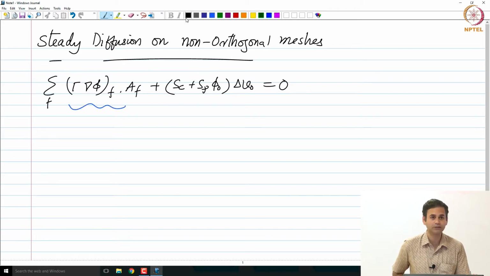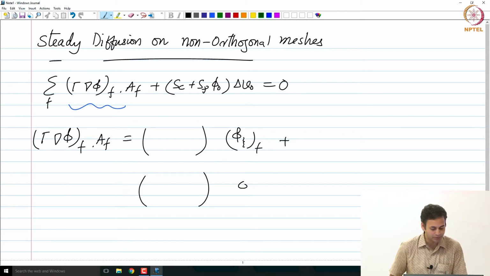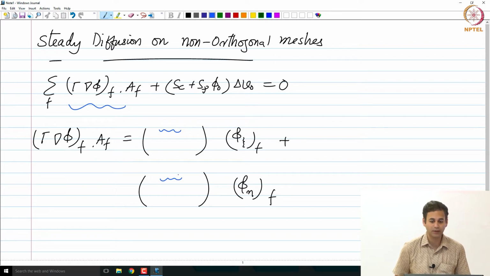We have seen that we can write gamma grad phi f dot A f as some quantity times phi xi f, that is the gradient in the xi direction, plus some other quantity times phi eta f. These specific quantities we have derived in the previous lectures. So, we have done that.